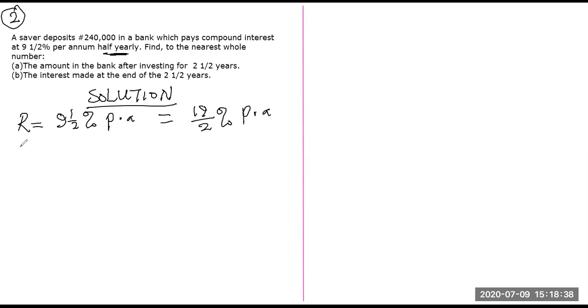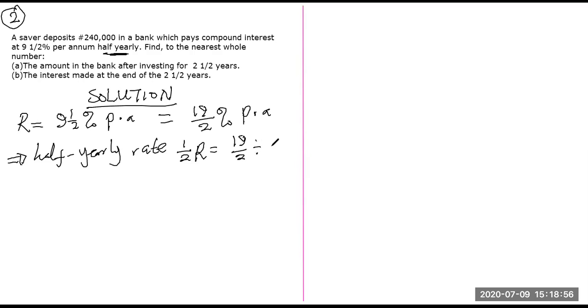Can I say the half yearly rate, because we need to convert it, is 19 over 2 divided by 2, to get half yearly? And that will give us 19 over 4%, no longer per annum, but now half yearly. So that is the rate we are going to use.